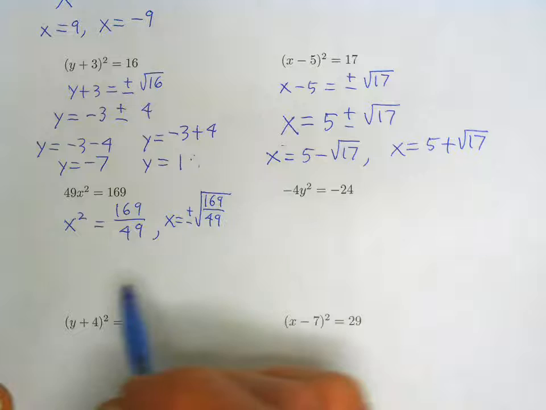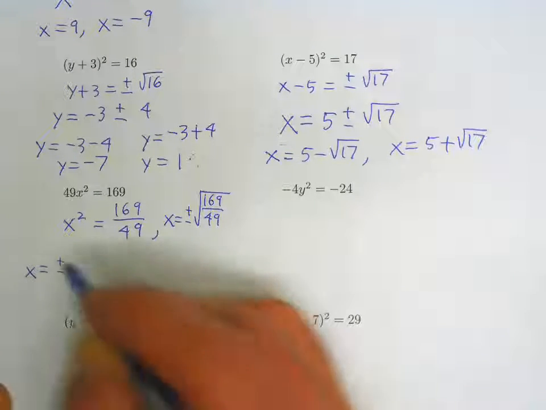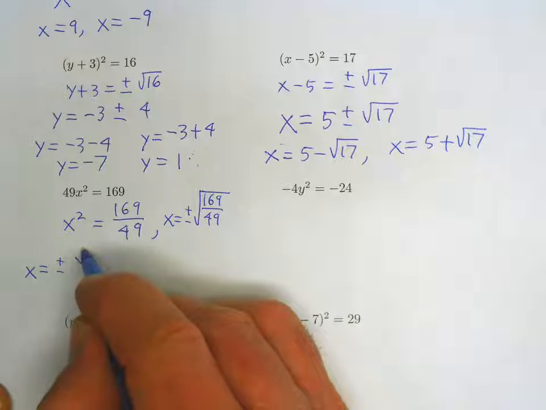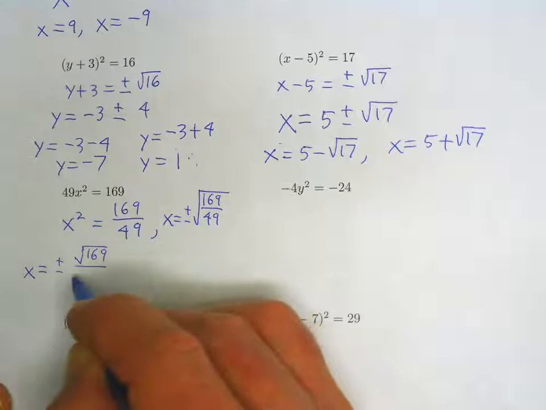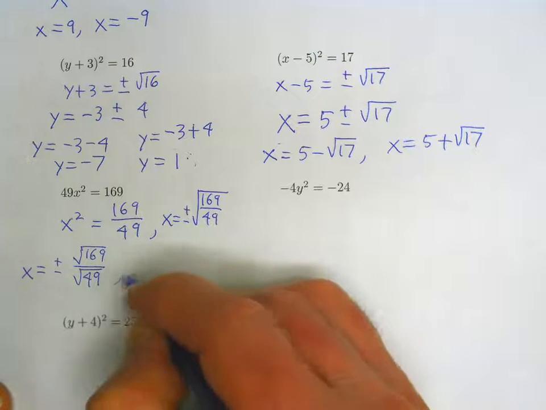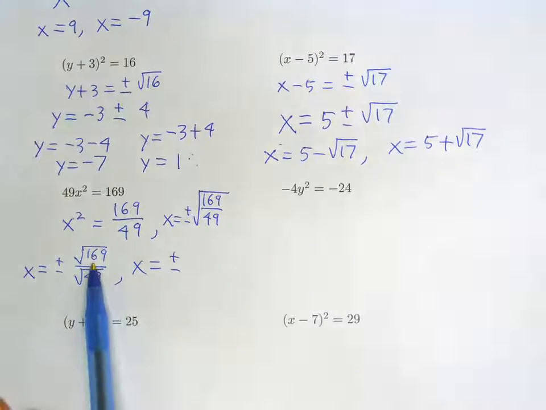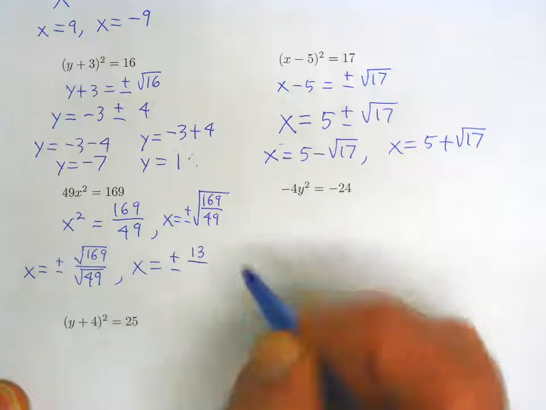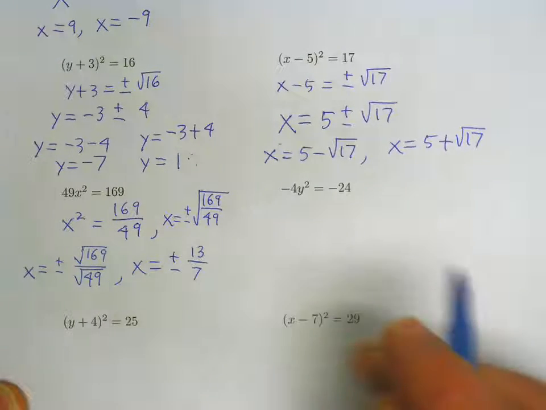Well, it's not necessary, but I'll rewrite the square root of the fraction as the square root of the numerator of the fraction divided by the square root of the denominator. And the square root of 169 is just 13. And in the denominator, the square root of 49 is just 7.